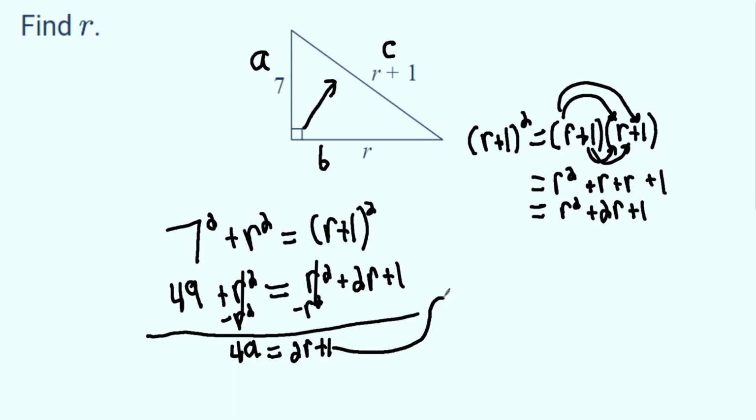And if I were to subtract 1 on each side, I would get 48 equals 2r. Divide by 2 on both sides, and we can finally get that r is equivalent to 24.